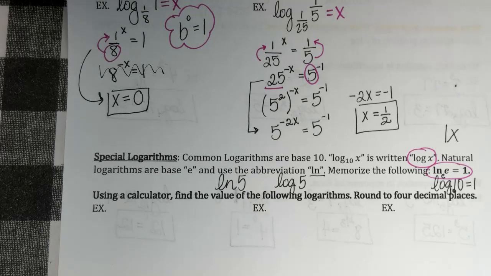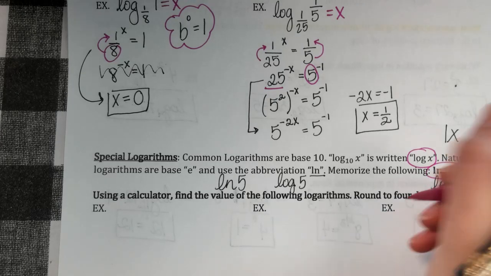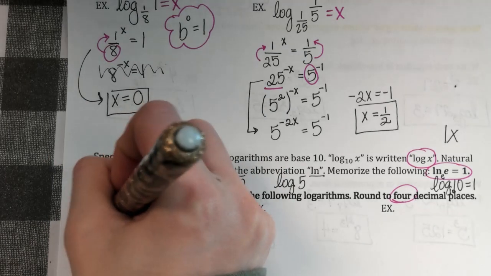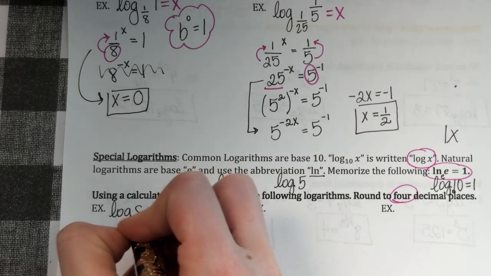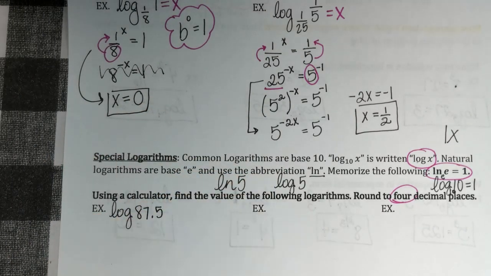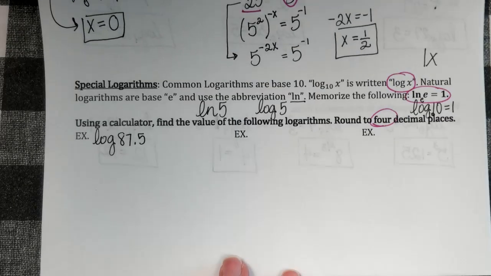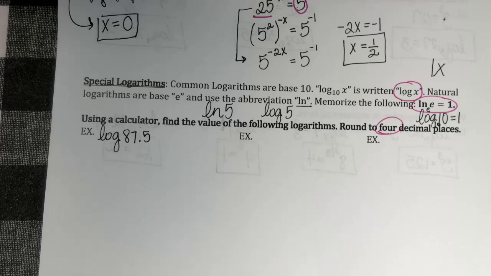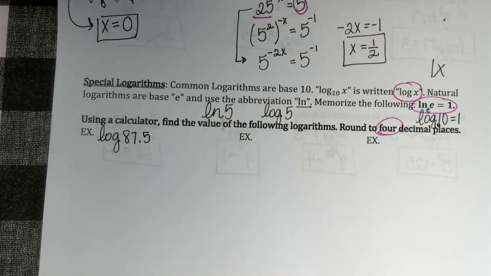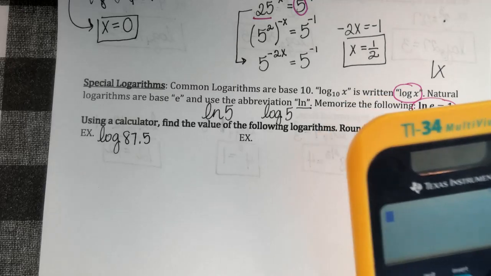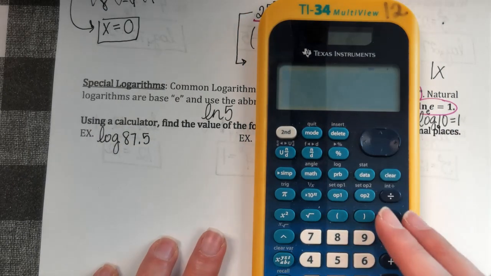So what we're going to do, these 3 examples are really simple. It just says using a calculator, find the value of the following log, round to 4 decimal places. If I give you log of 87.5, you are just going to type it in your calculator and get the decimal. These scientific calculators only do common log and natural log.